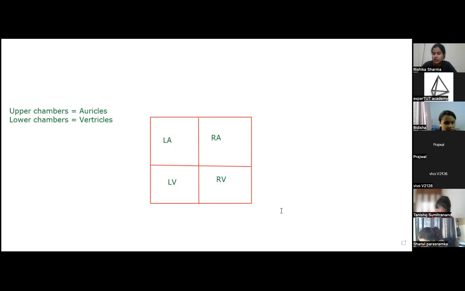Is it clear till here? Okay. Now, the walls of the ventricles are thick. The walls of the ventricles are thick as compared to the walls of the auricles.